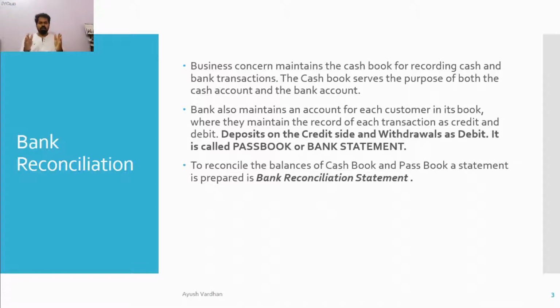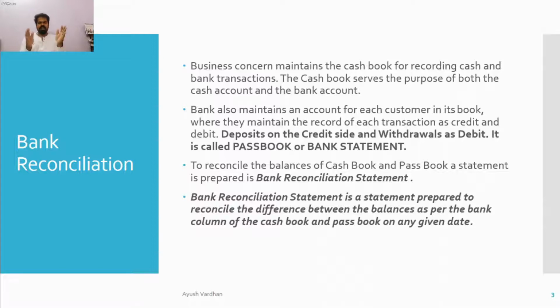All those records you maintain in your cash book, and you want to match that with your passbook. So this matching process is called the bank reconciliation, and we make a statement for that. That is called the bank reconciliation statement or BRS.